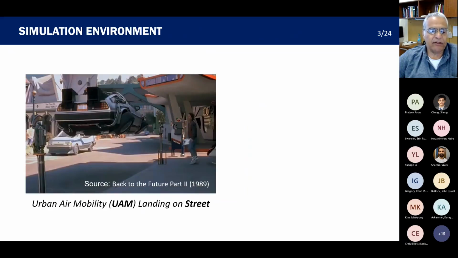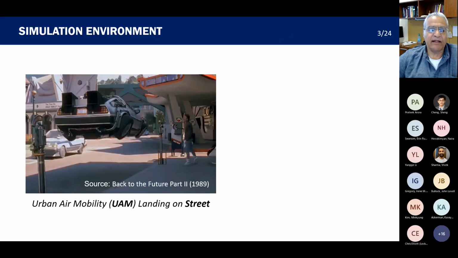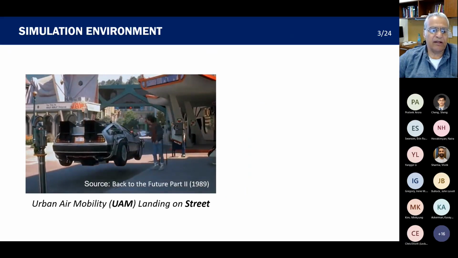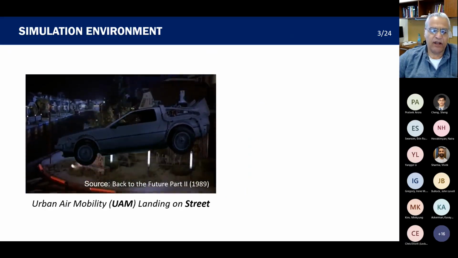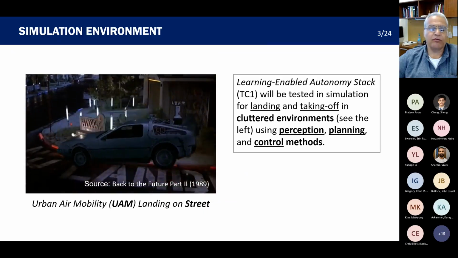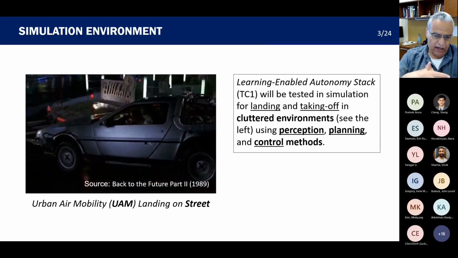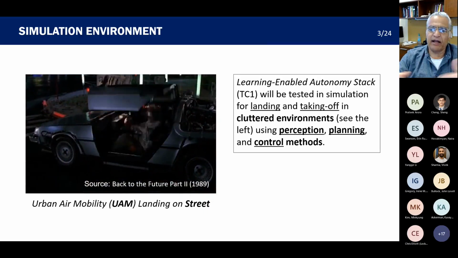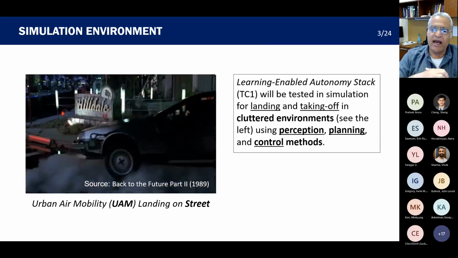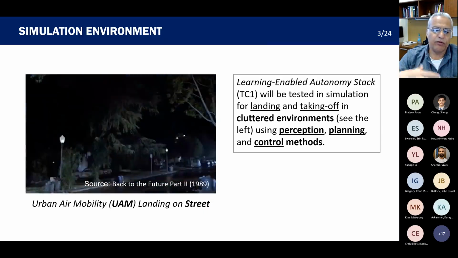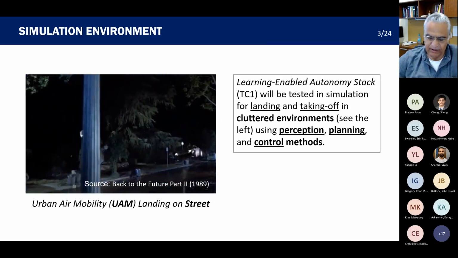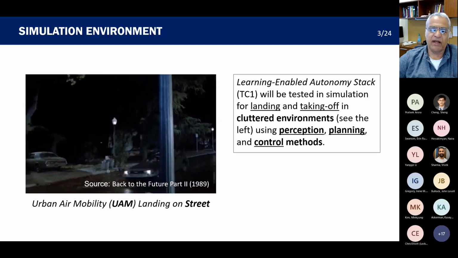So this is a picture of the movie that we have as our vision of developing our air taxis and air vehicles, this urban air mobility. And for that to happen, we need simulations where we can capture cluttered environments like in the movie, and be able to test all these perception and planning control methods within them.